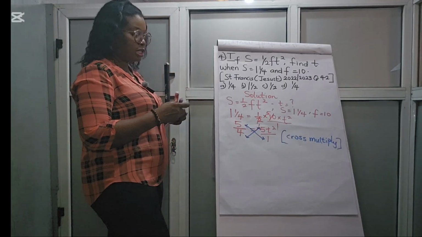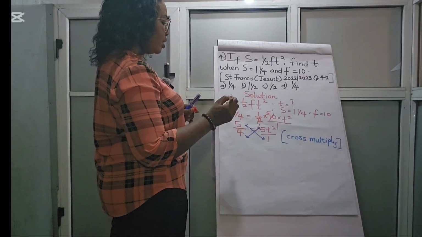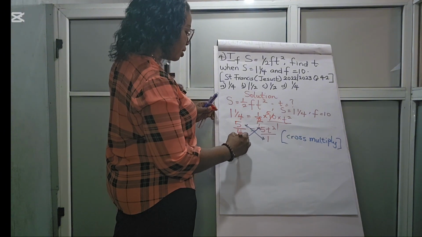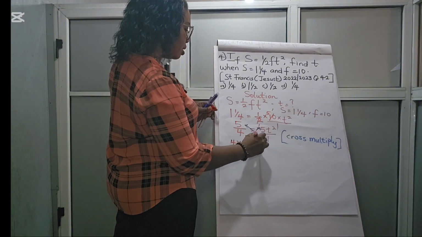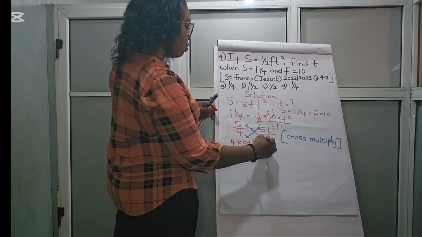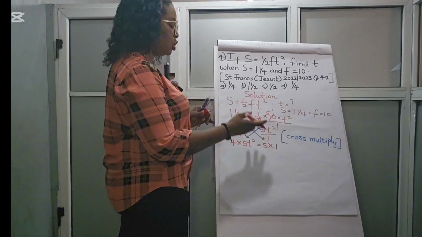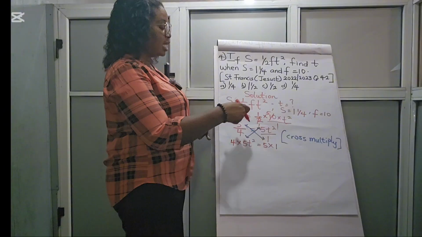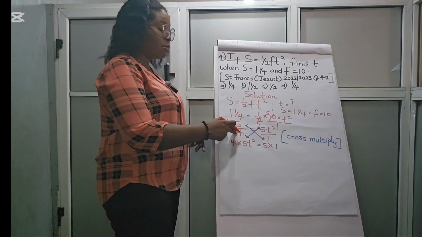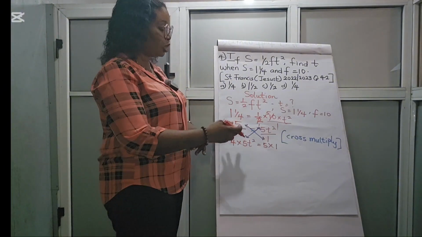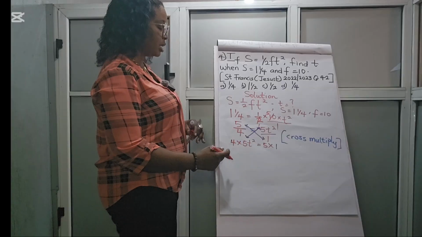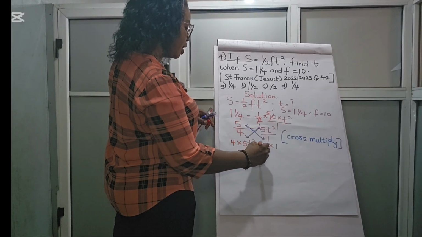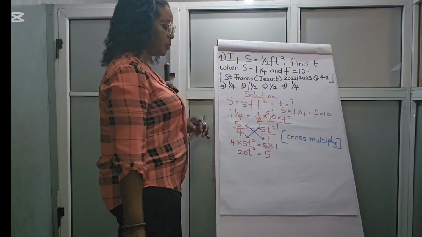When I mean cross multiply, 4 will multiply 5t squared and 5 will multiply 1. So the numerator of one multiplies the denominator of the other fraction, and the denominator of the opposite fraction multiplies the numerator of the other. We just follow the arrow, the way the arrow goes. So we have here 20t squared equal to 5.